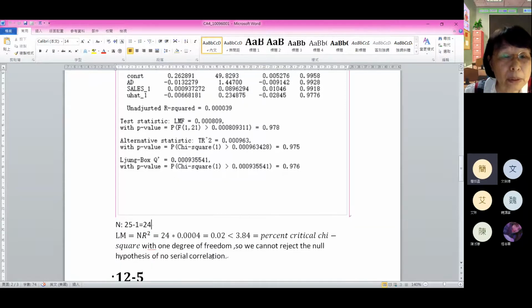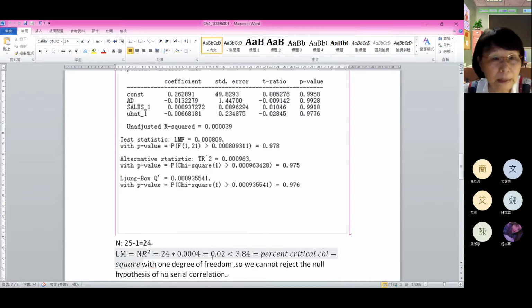Okay, it's also not wrong if you do it by yourself. But here, since we do have a little bit different procedures from Stata and also from Gretl, we do have one observation difference here.